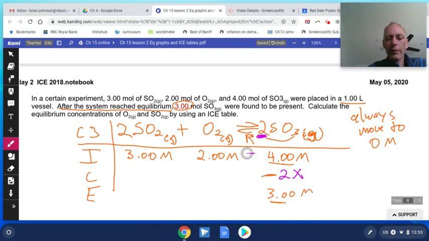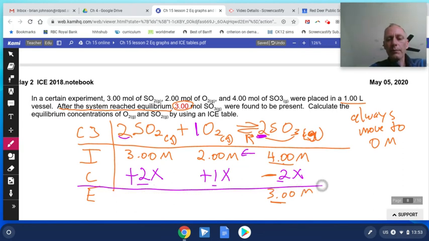If it's going in reverse, that means we gained 1 oxygen and we gained 2 SO2. So lost 2x, gained 1x, gained 2x. So at equilibrium, we started with 3 moles per liter and we gained 2x.